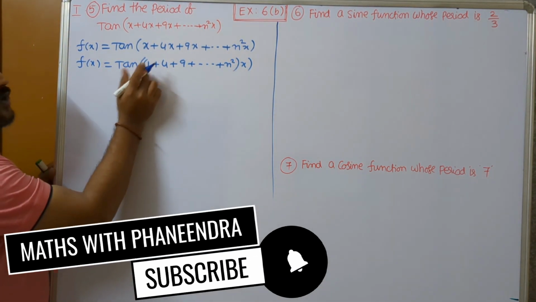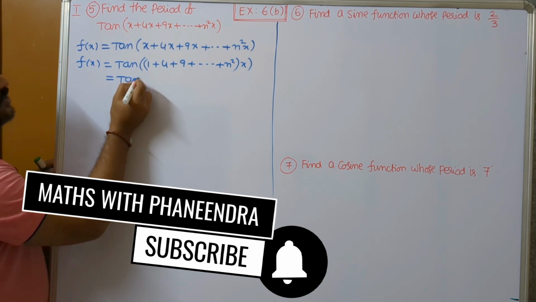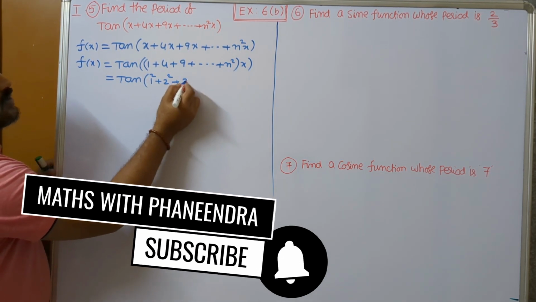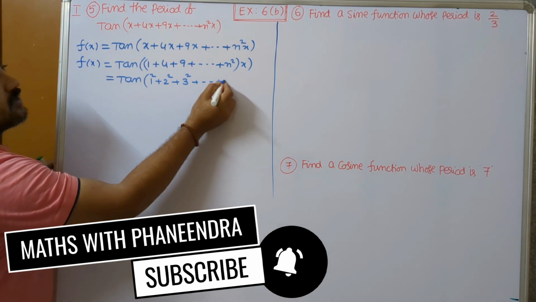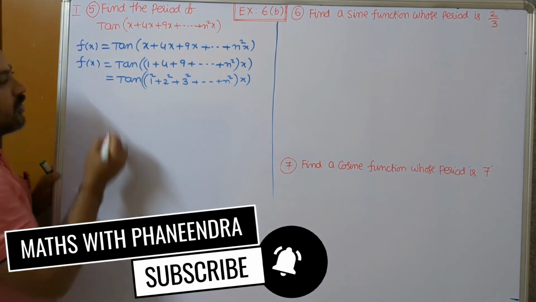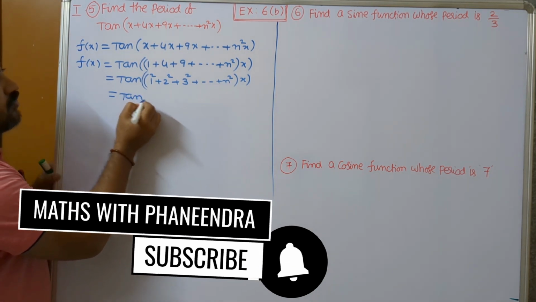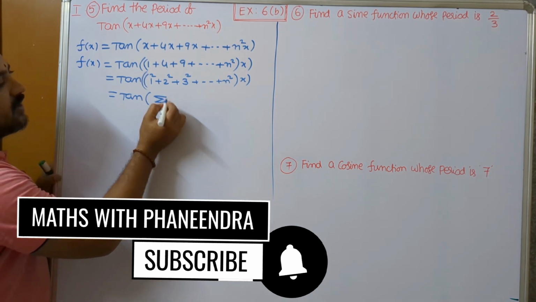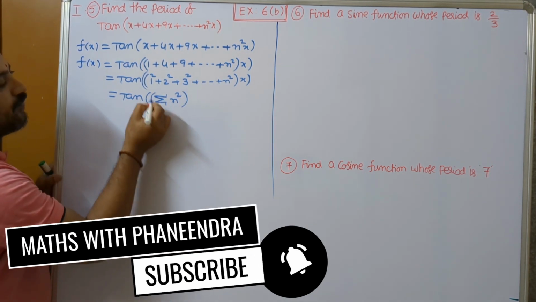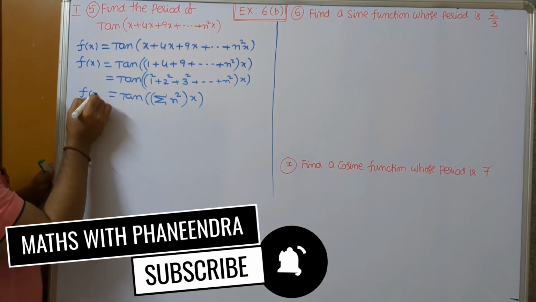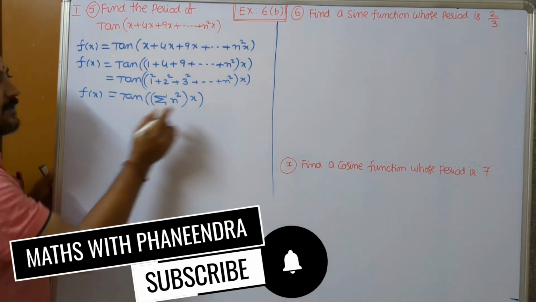In the next step, 1 can be written as 1 square, 4 can be written as 2 square, 9 can be written as 3 square, plus and so on, n square, into x. So that is equal to tan of the sum of the squares of the first n terms, sigma n square, into x. This you have to compare with tan ax.